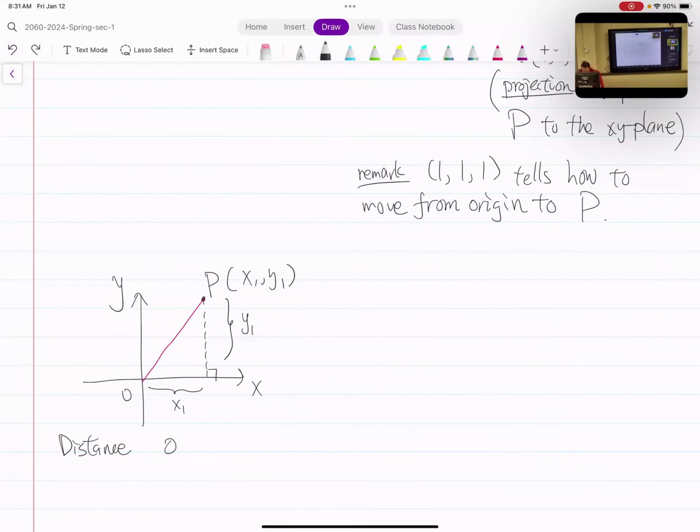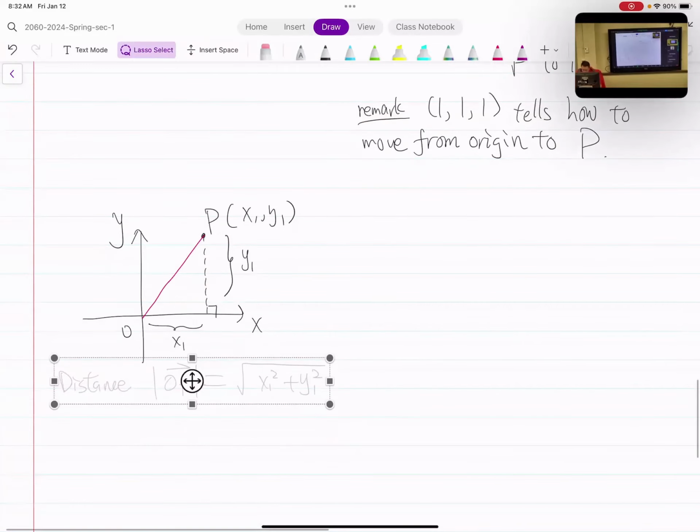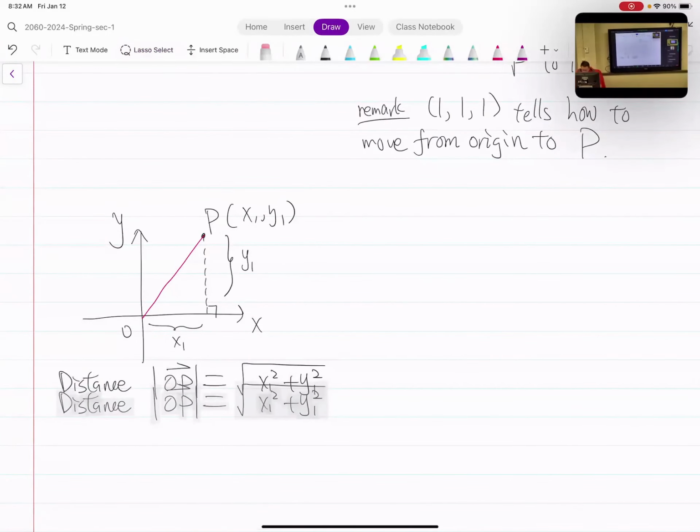That's square root of x1 squared plus y1 squared under the bracket. Okay. So the idea here is that you just need to look at the right triangle that you can form within the plane, and that will be it. Just use the Pythagorean theorem.